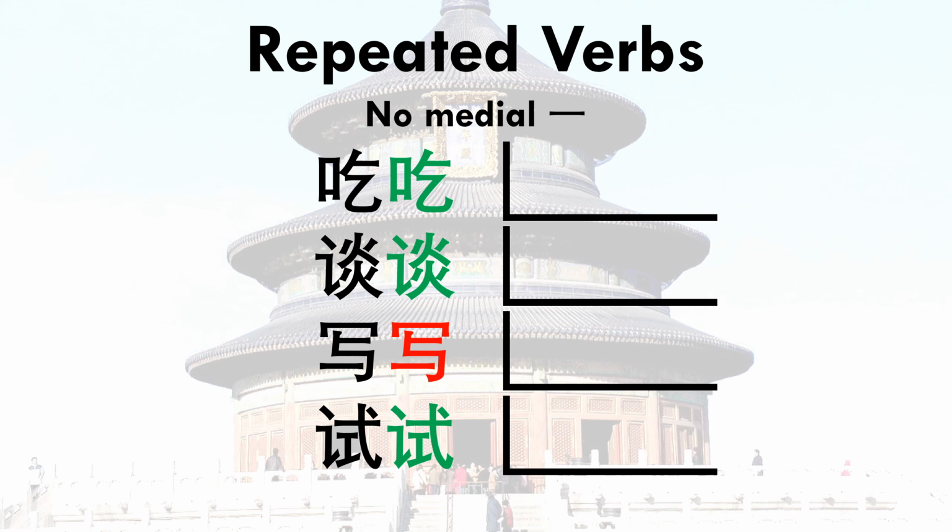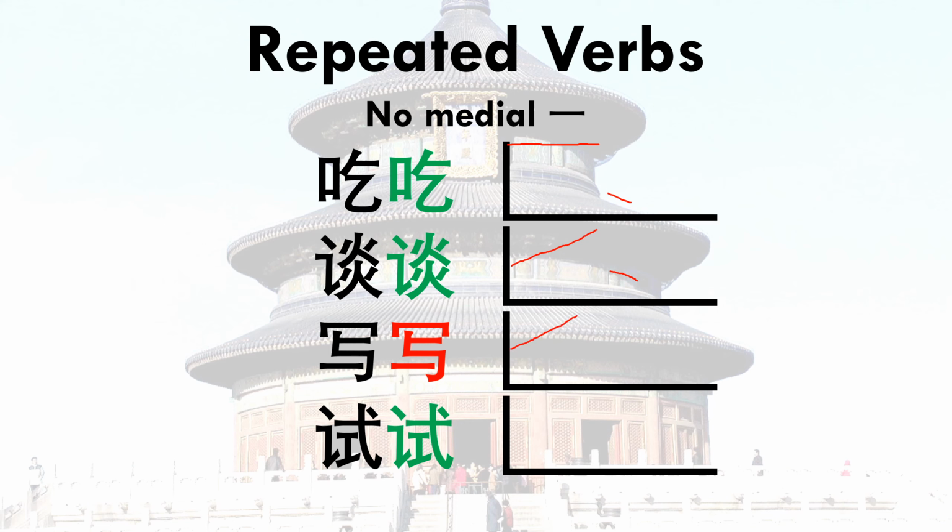So the graphs, real quick. 吃 and fifth tone, it kind of starts at a third tone level, but it's very short. 吃 here. 谈谈 here. 写. Actually, because the second 写 is a third tone, the first one has tone sandhi and it becomes rising.